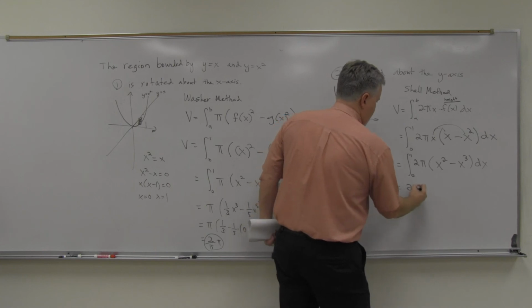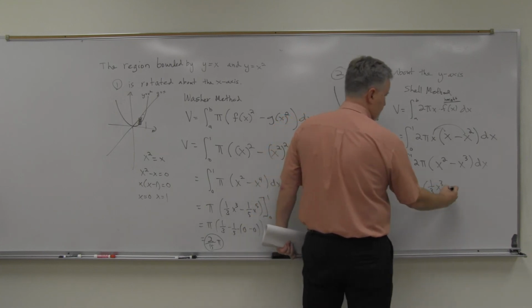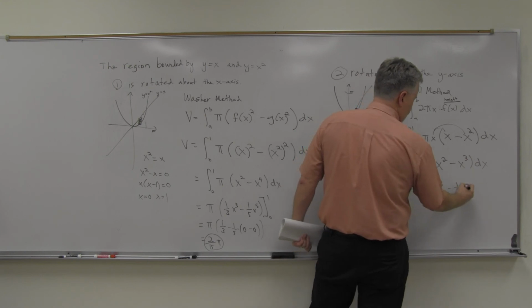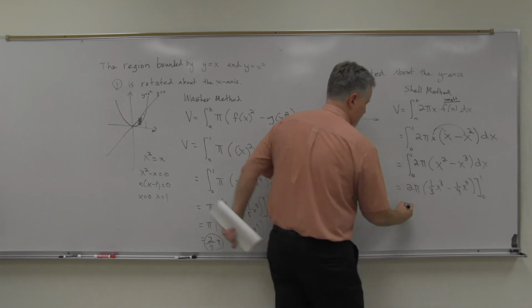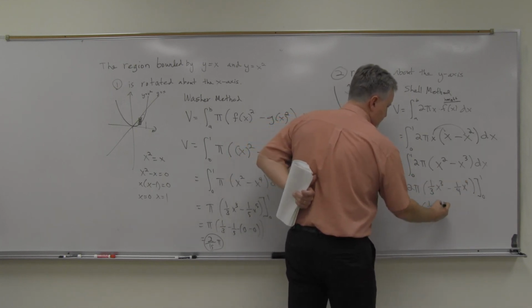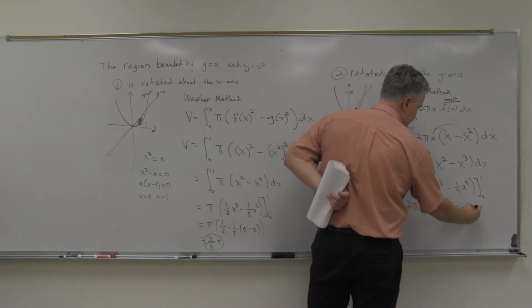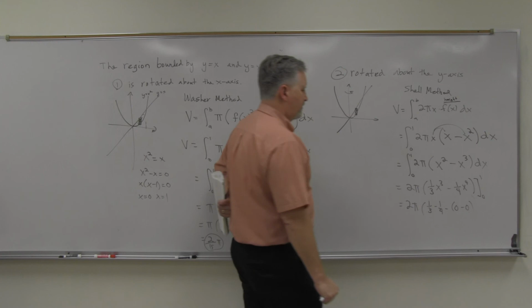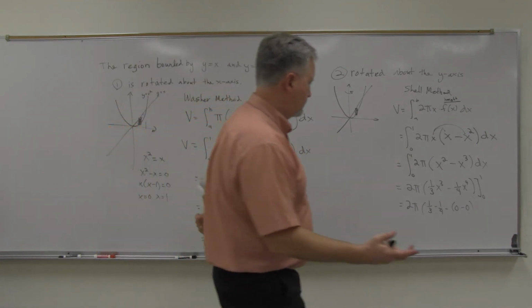So that's 2 pi, the antiderivative 1/3 x cubed, minus the antiderivative 1/4 x to the fourth. And do that from 0 to 1, so you'll have 2 pi. Plug in the 1, you'll have 1/3 minus 1/4, and then zeros give you 0. So 1/3 minus 1/4, 4/12 minus 3/12, is 1/12.